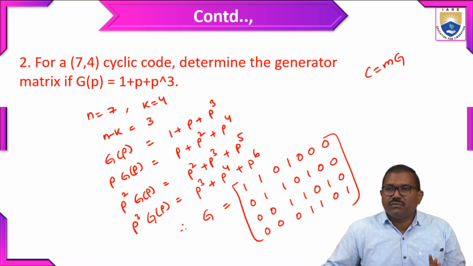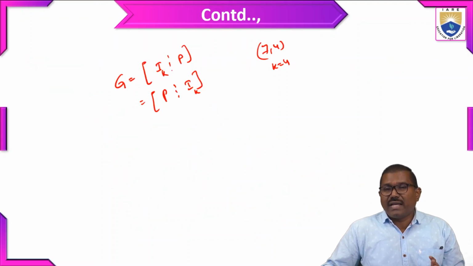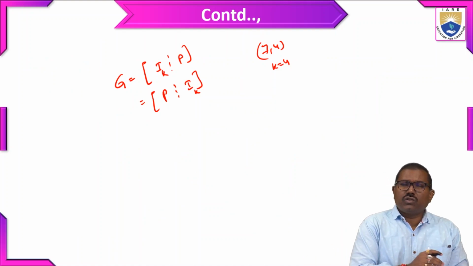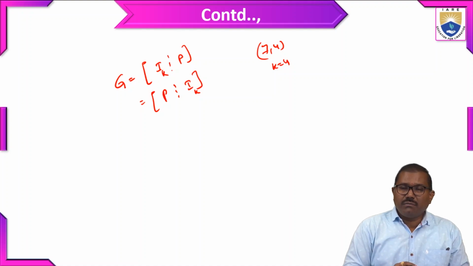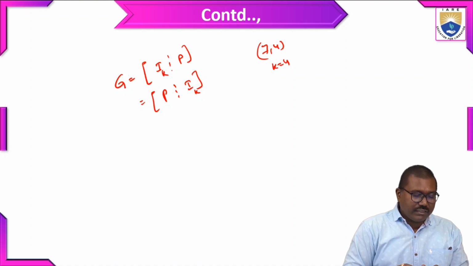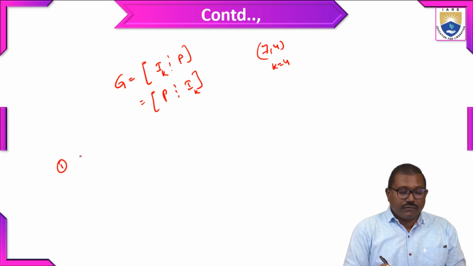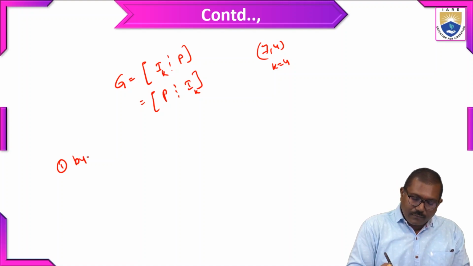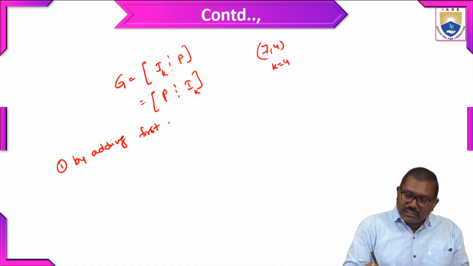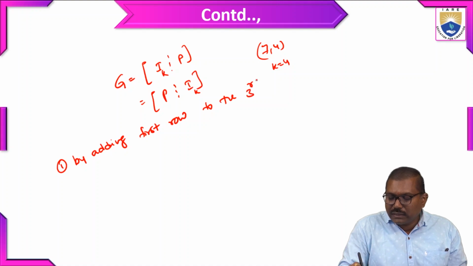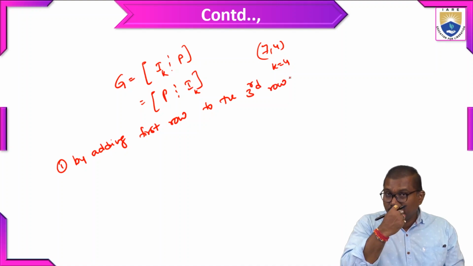Then we can observe the identity matrix in G. To convert to systematic form, we do two steps. First, adding the first row to the third row. We have 4 rows.